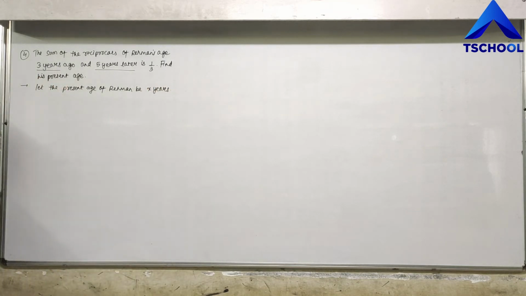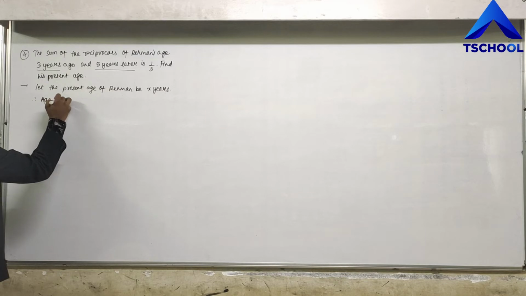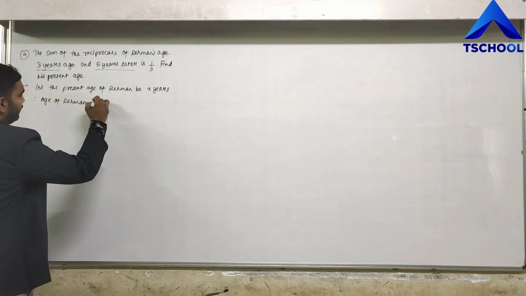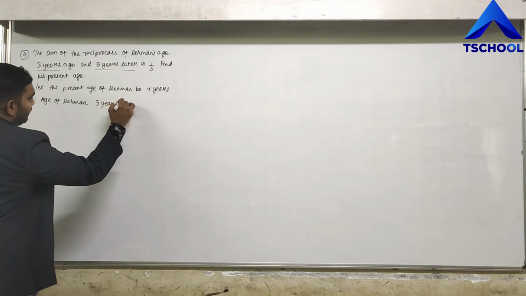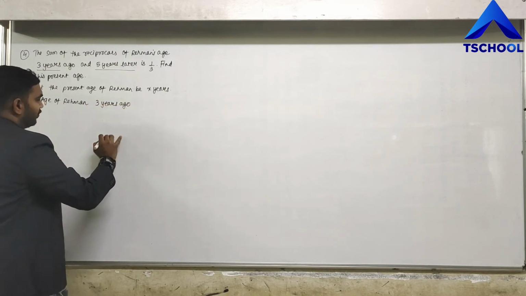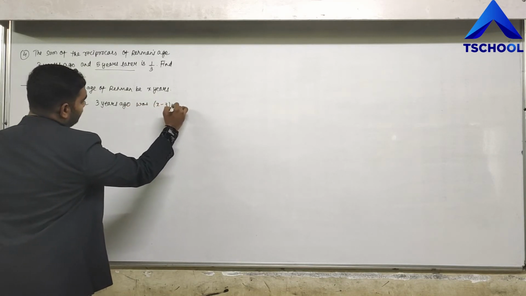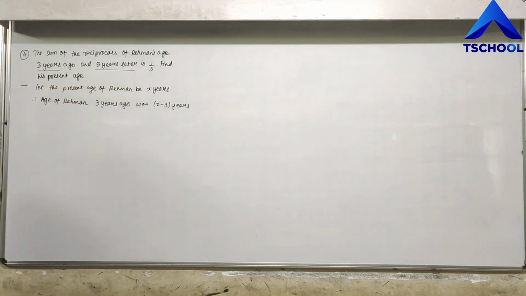Therefore, the age of Rahman 3 years ago was x minus 3 years. 3 years ago, that means 3 years from now, but in the reverse manner.